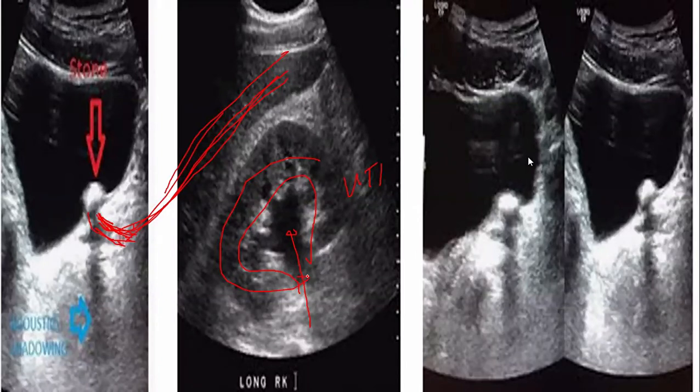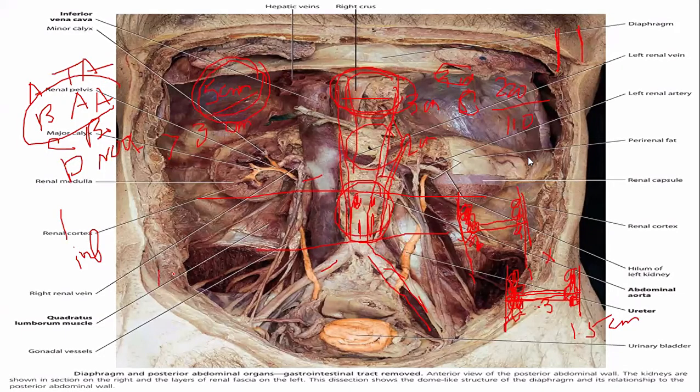It could be ureterovesical junction obstruction, or probably, if it is a child, most likely you might be dealing here with a case of ureterovesical reflux.